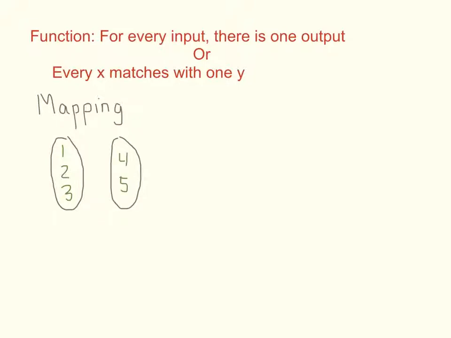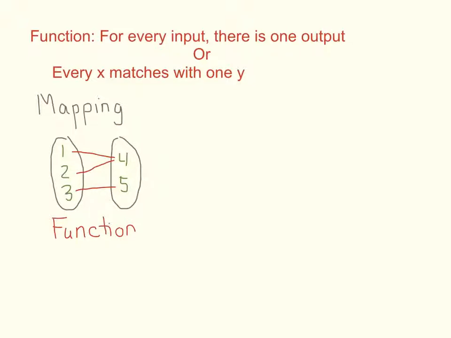A mapping has arrows that are drawn. So we might say that 1 matches with 4, 2 matches with 4, and 3 matches with 5. If there's only one arrow coming out of each x value, then it is a function. And in this case, there is only one line coming out of each x value. And so this is a function.